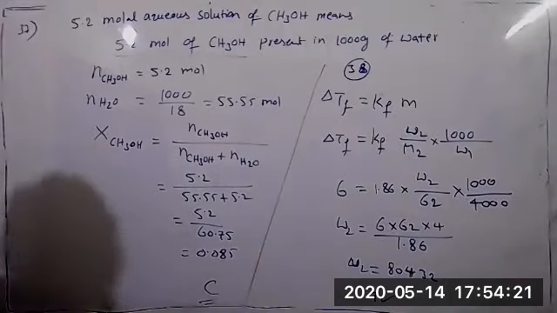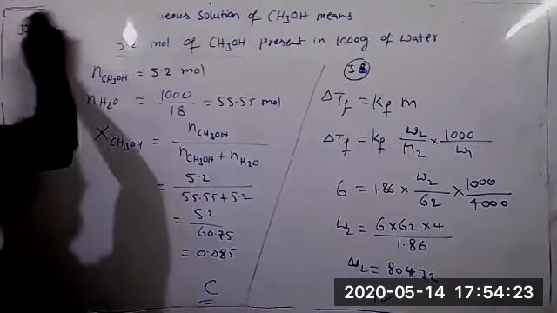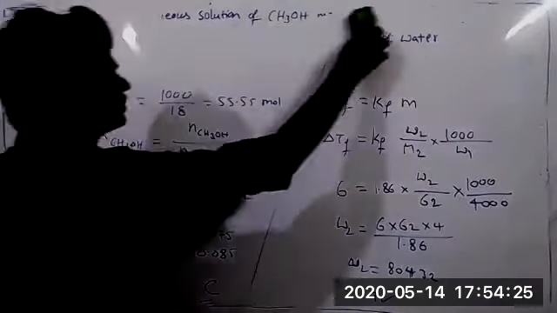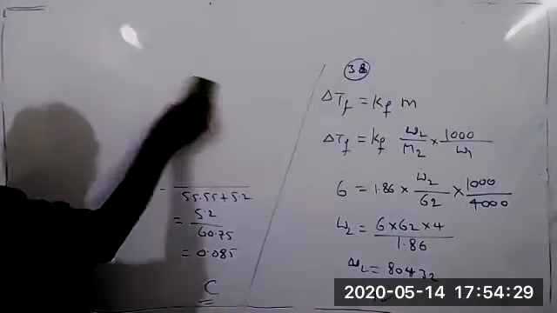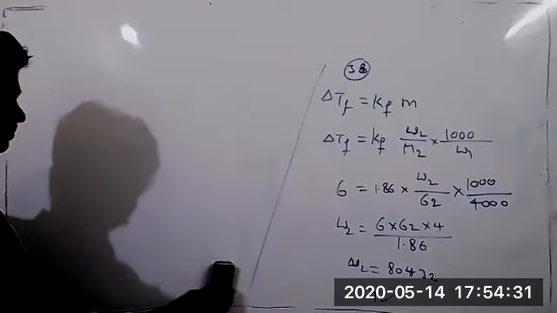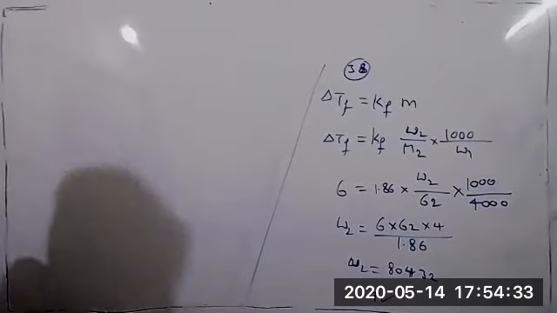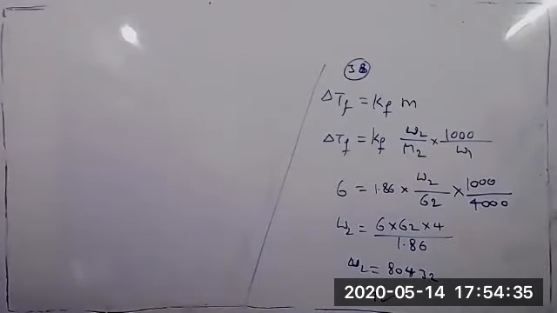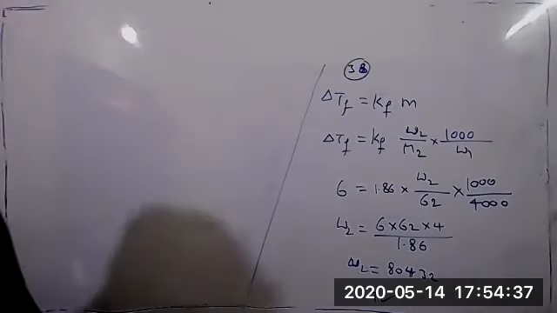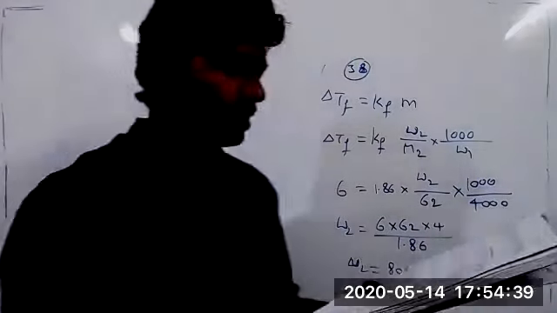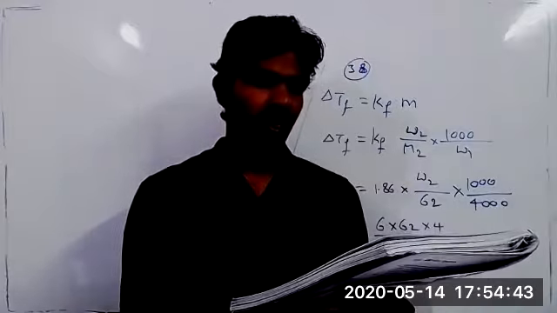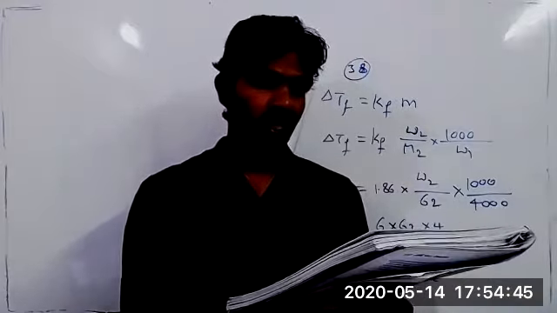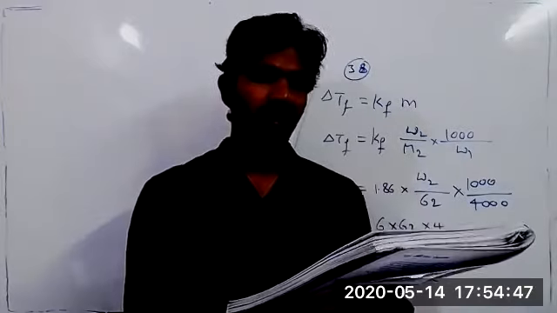Then the next, 39th question. The degree of dissociation of a weak electrolyte AxBy is related to van't Hoff factor i by the expression.